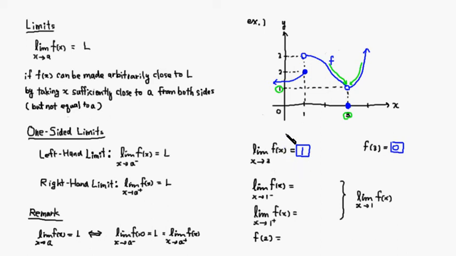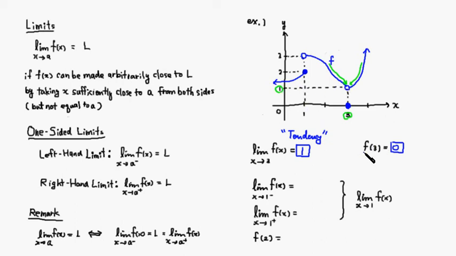So you can think of the limit as the tendency. Because if you look at the picture, the tendency of the graph as x approaches 3 is heading toward that point. Therefore, the limit is 1.